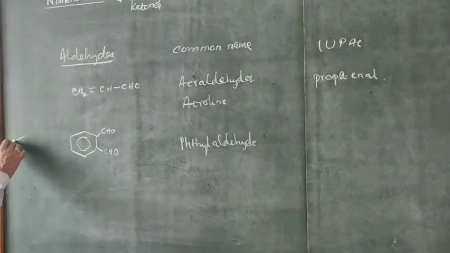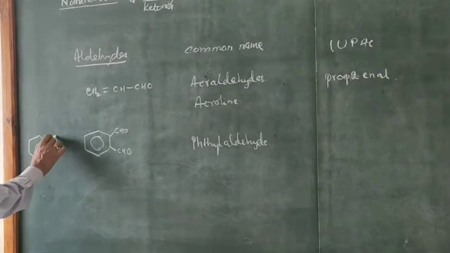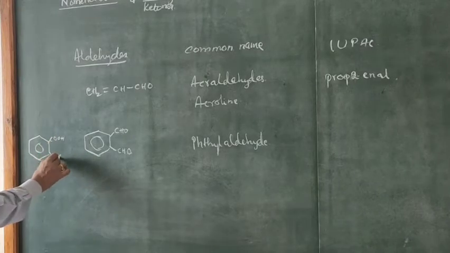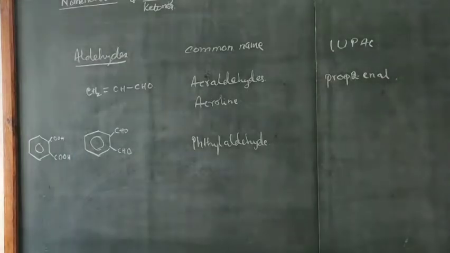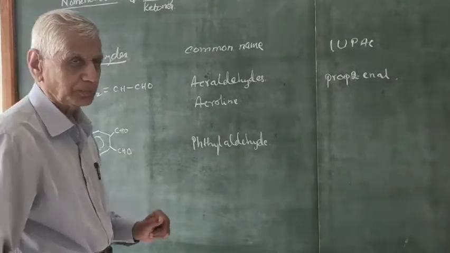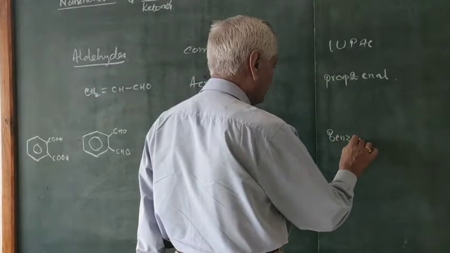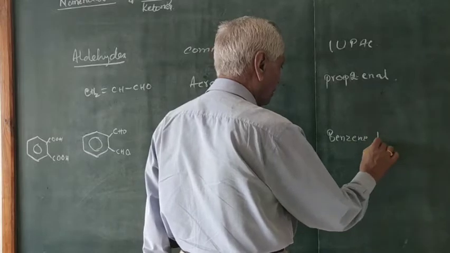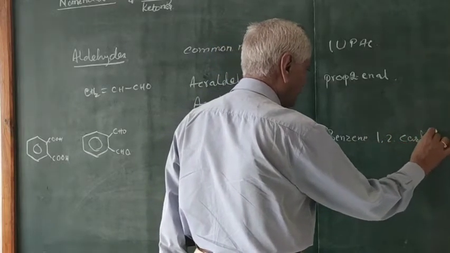This is phthalic acid. So, the acid of phthalic acid is called aldehyde. Whereas in the IUPAC system, it is benzene-1,2-carbaldehyde.